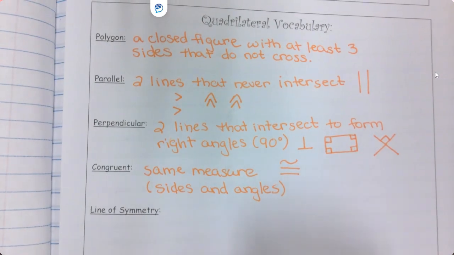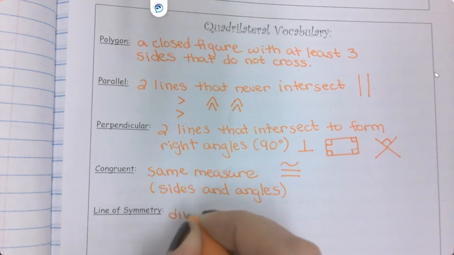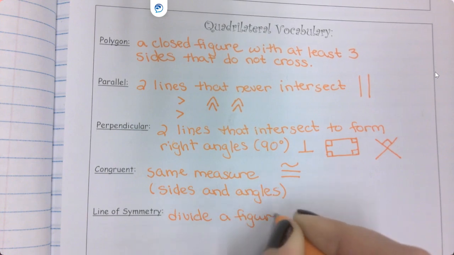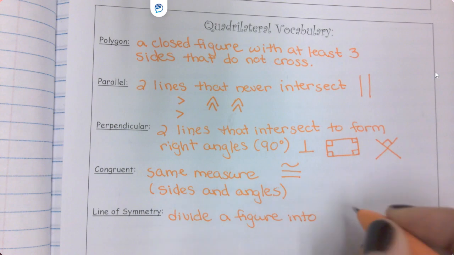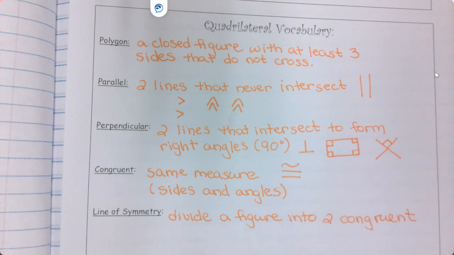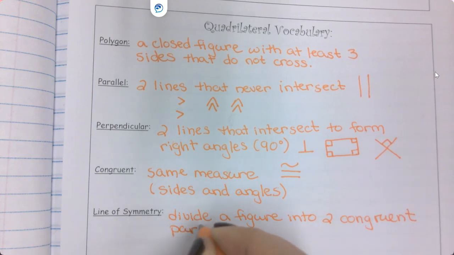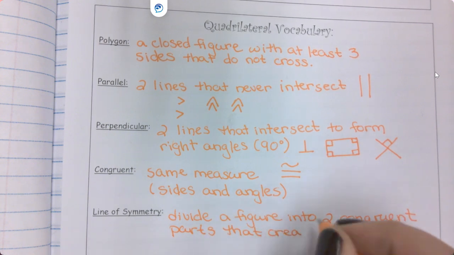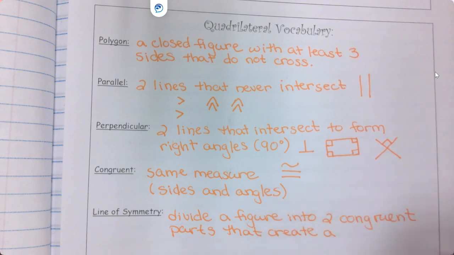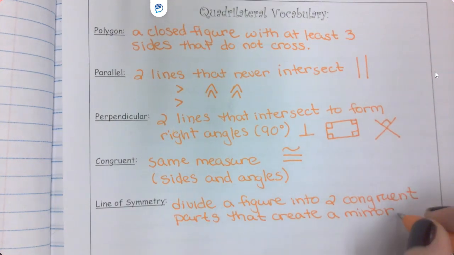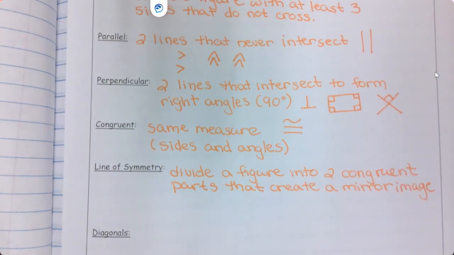So line of symmetry is going to divide a figure into two congruent parts that create a mirror image.